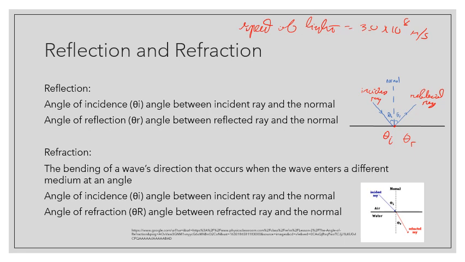So refraction is the bending of a wave's direction that occurs when the wave enters a different medium at an angle. The angle of incidence, same theta I, is the angle between the incident ray and the normal.